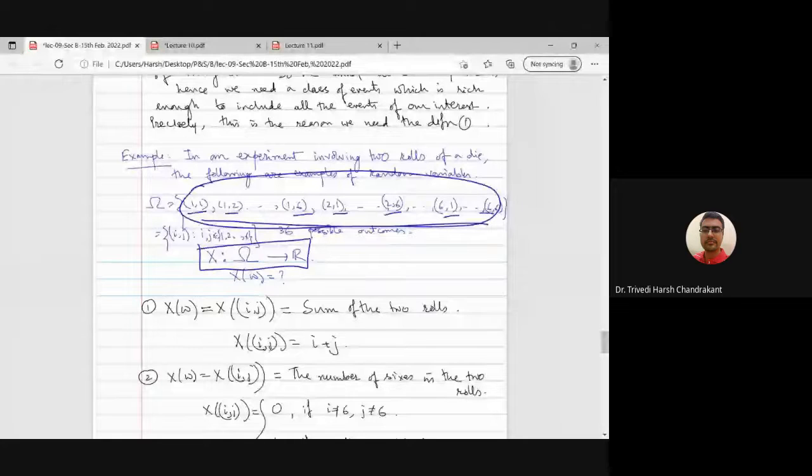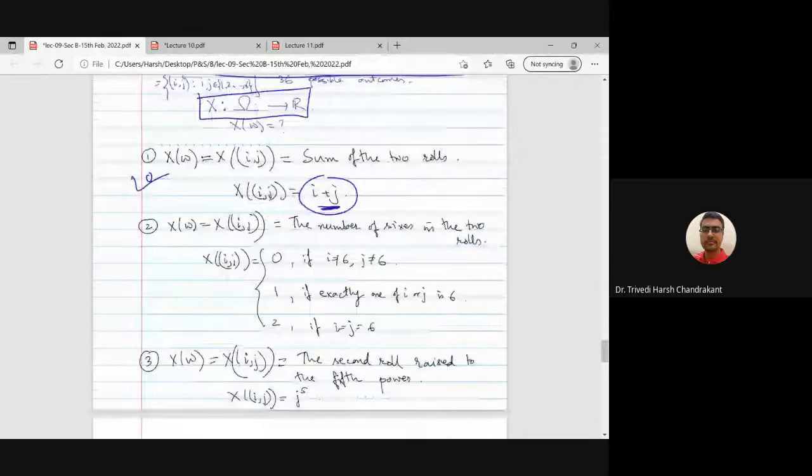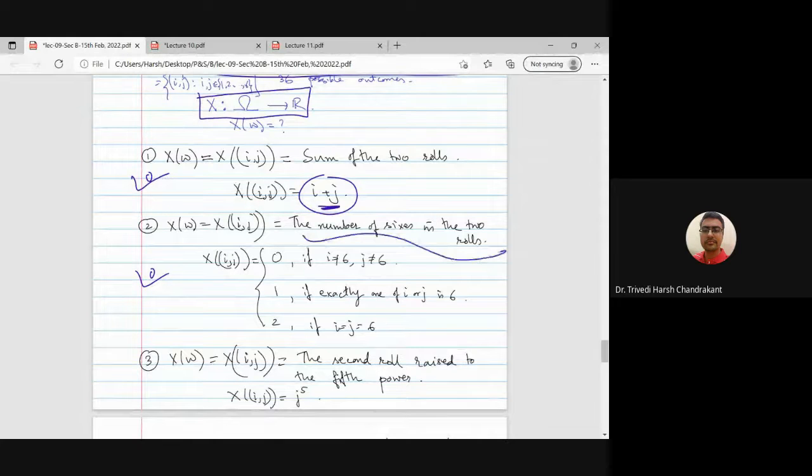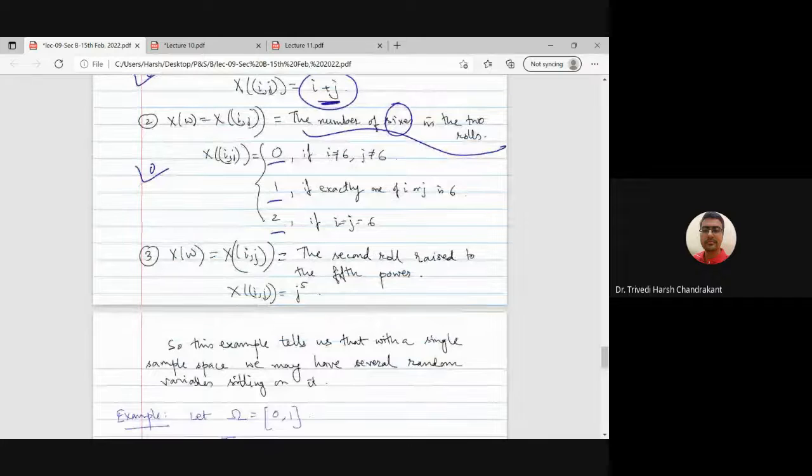One of the easiest ways is adding the first coordinate and the second coordinate. That is a random variable because it is a function from omega to the real numbers. Similarly, this is also a random variable defined on the same set, taking values 0, 1, and 2. Basically it counts how many 6's we are getting. The third function is also defined in this way, and is also a random variable.